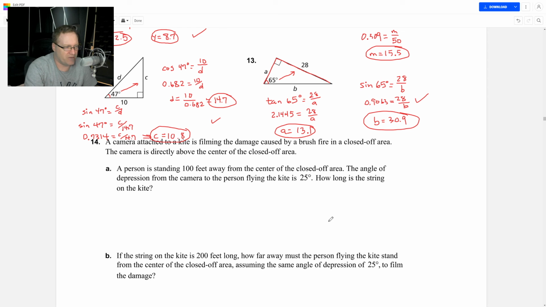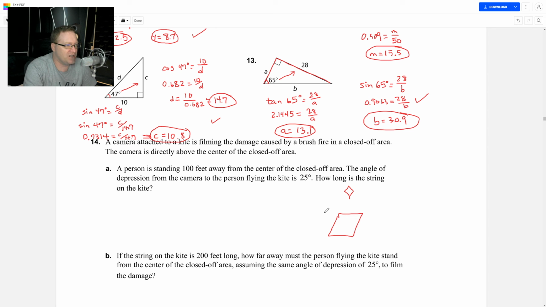So let's say this is the closed-off area, and we have a kite up here, and the kite has a camera, and it's taking pictures down.